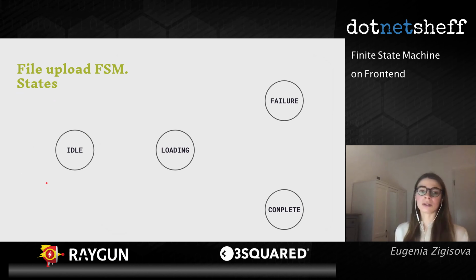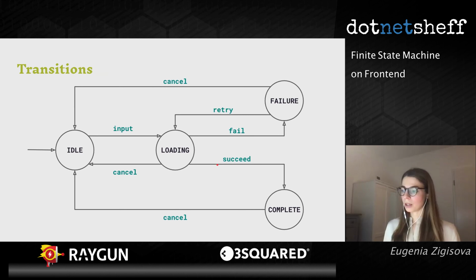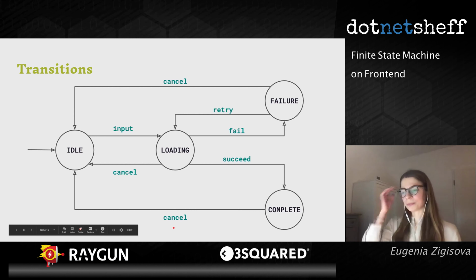And based on this, we can draw a finite state machine, defining all the states and also the transitions. And we name each transition with an event we defined. So it's input, retry, fail, succeed, cancel.